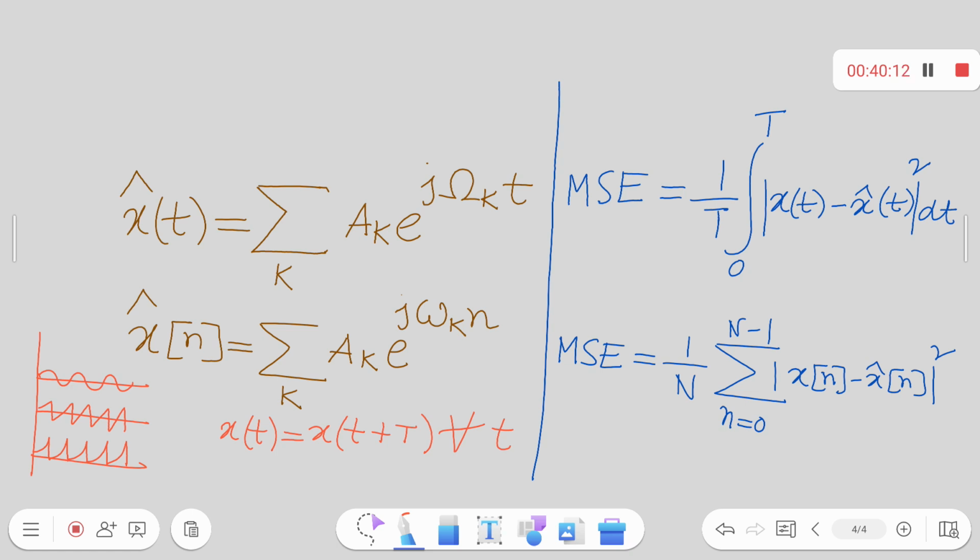So had this been the case, since it is true for all t, can I put t plus capital T in place of small t? Yes, I can put that. Suppose you have one signal, something like this.